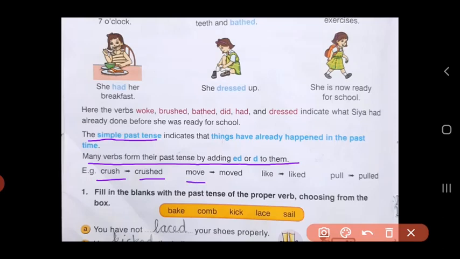The past tense will be moved by adding d. Like. Past tense will be liked. D is added. Pull. Add ed. The past tense becomes pulled. So you can add ed or d.